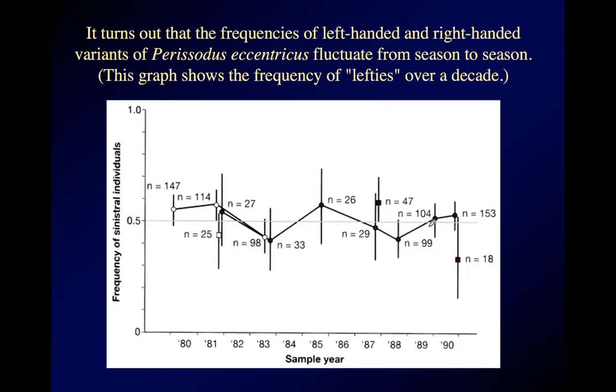And because selection will take that least common phenotype and make it more common, selection tends to alternate favoring lefties versus righties on a cycle that looks like it lasts roughly 5 years. You can see we have these fluctuations between lefties above and righties below that go through a cycle roughly about 5 years long.